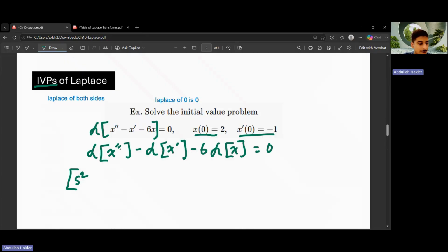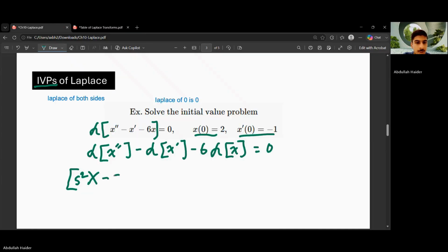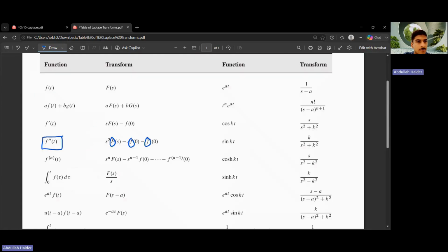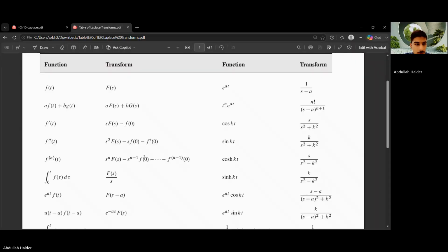The same applies here: s squared big X, s squared big X.